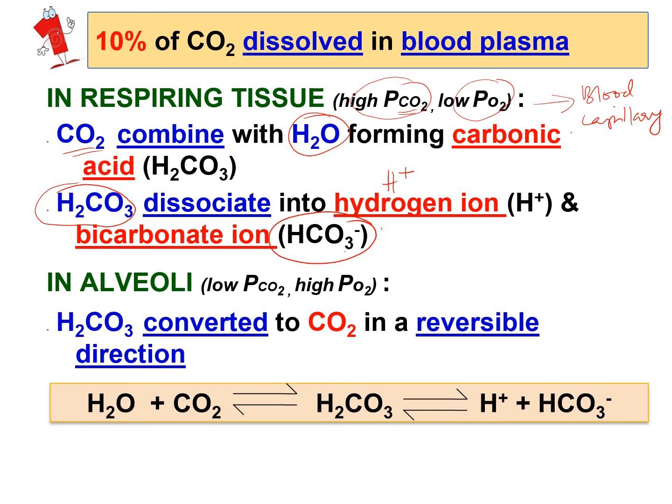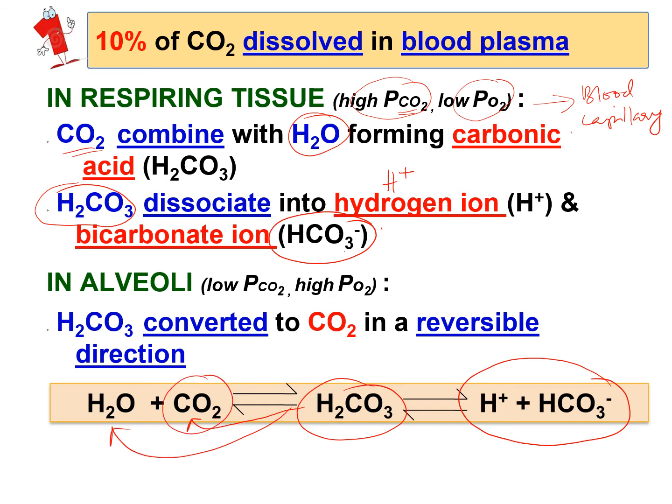When they reach the alveoli, the bicarbonate ion will reversely bind with the hydrogen ions and form carbonic acid, and then carbonic acid dissociates into carbon dioxide and water. So carbon dioxide will be released into the atmosphere along with H2O. That's why when we exhale, we have water vapor together in our breath.